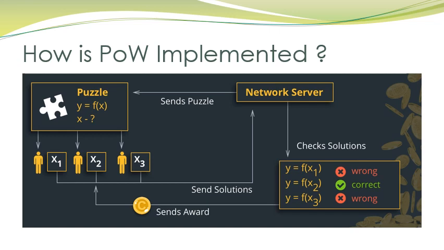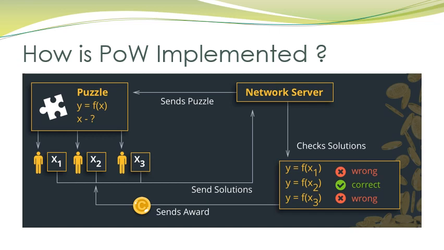And in this figure you can see there are three miners. These three miners have proposed a solution for the puzzle. Miner 1 will propose x1, miner 2 will propose x2, and miner 3 will propose the x3 solution. And these miners will send the solution to the network server.